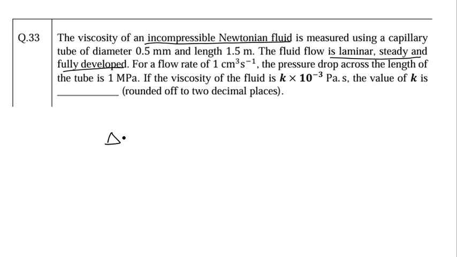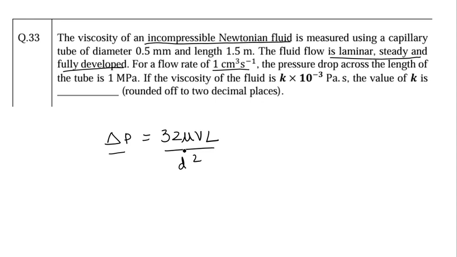The Hagen-Poiseuille formula: del P is equal to 32 mu V L divided by D square. Now we know the del P value and the mu value, and we need to find the velocity, which is given in terms of the volumetric flow rate. The length L and the diameter of the tube are also given. It's easy to calculate. Now solve the problem.